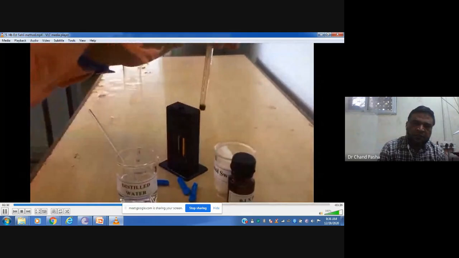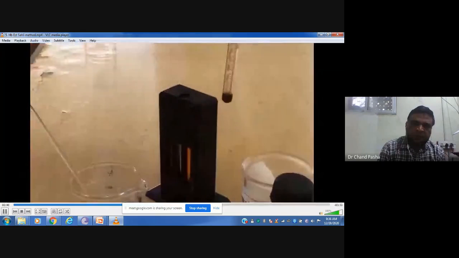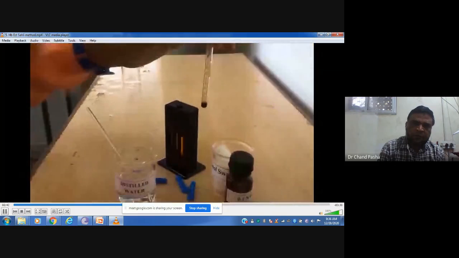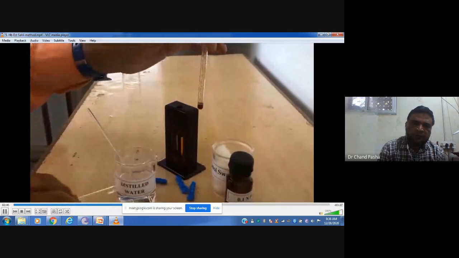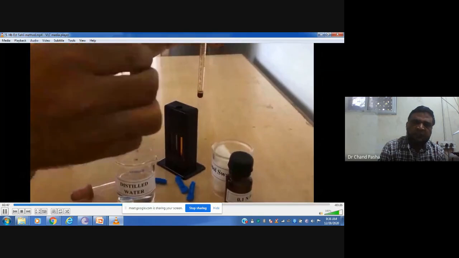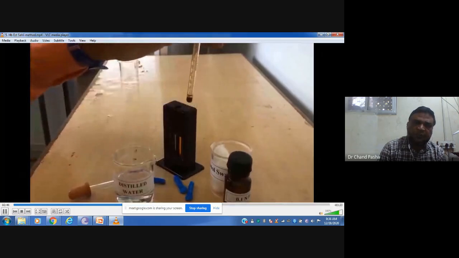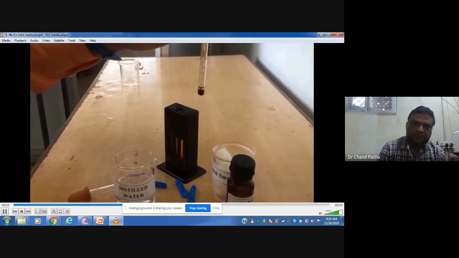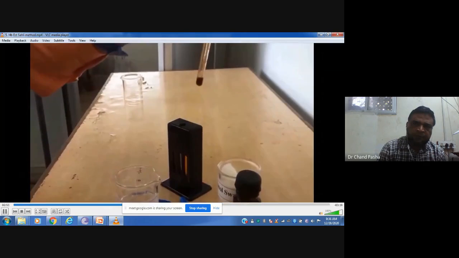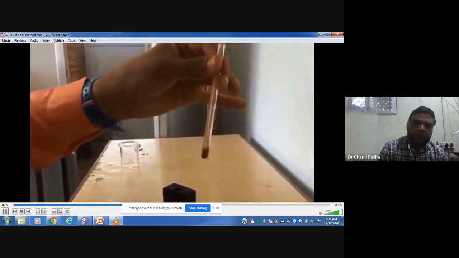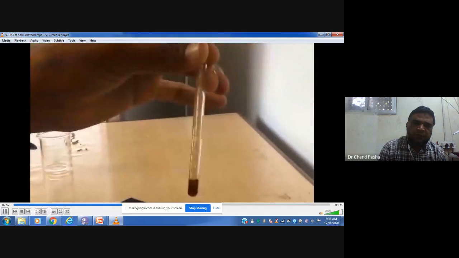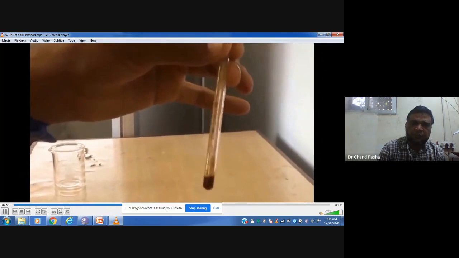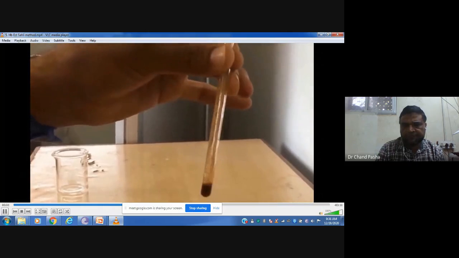Now add the water. With a glass rod, we are supposed to disturb the cells, so the RBCs are ruptured and whatever hematin is produced comes out.